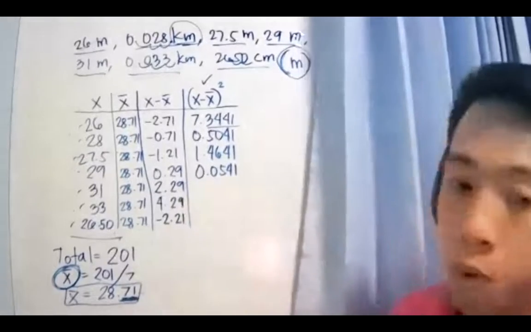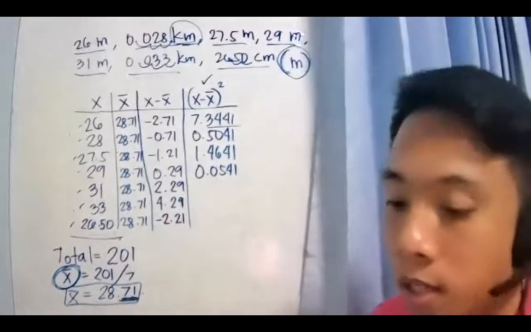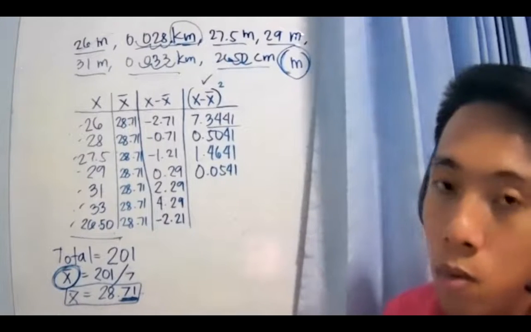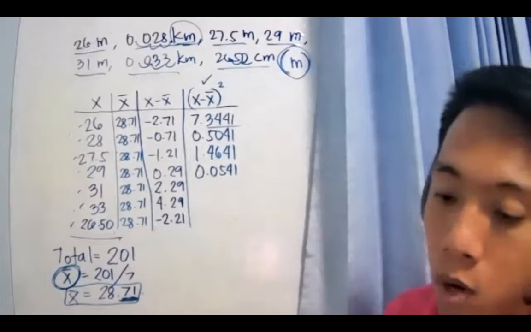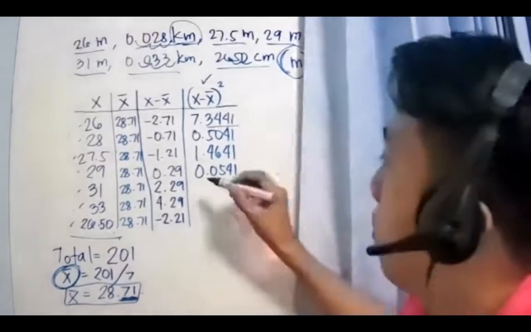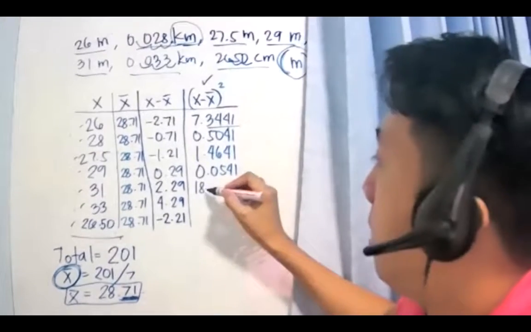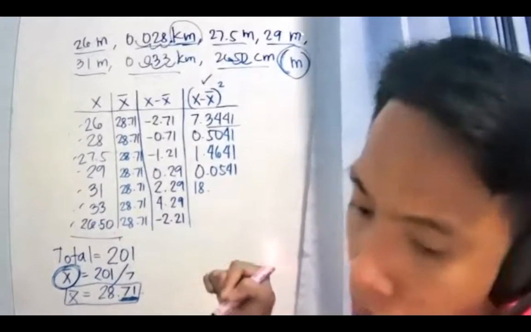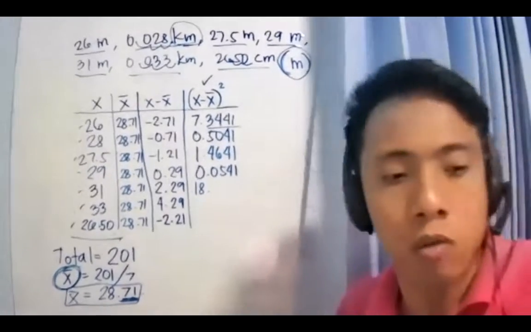Next, 2.29 squared. Ready? Go. Okay, so we have 18. Bakit ang laki? Squared lang, naging 18. Ulitin ko nga ito, ba't parang mali ako?